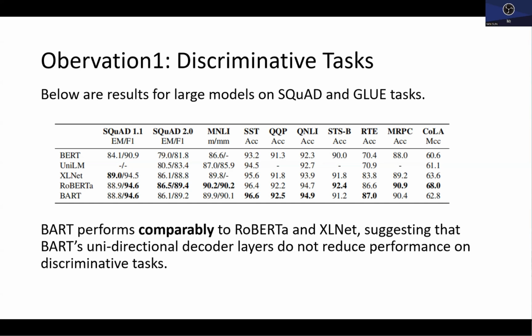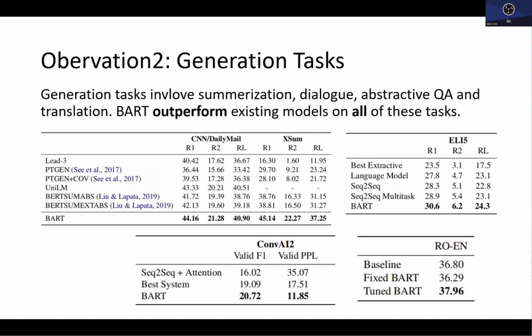So that implies that BART's unidirectional decoder layer does not reduce performance on those discriminative tasks. And observation 2, for generation tasks, BART outperforms existing models on all of these tasks. So that is quite amazing.